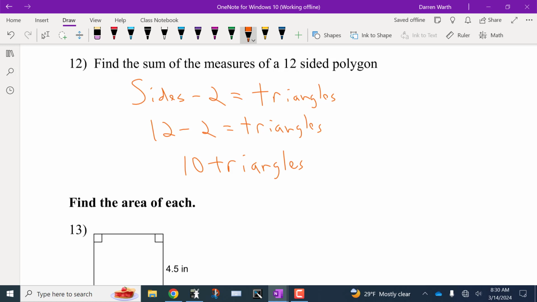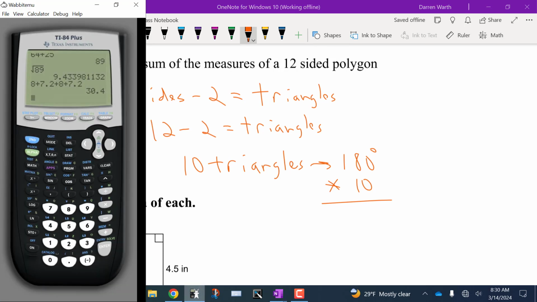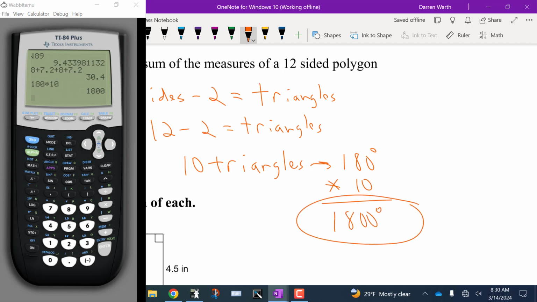So all I have to do is take 180 times 10, and that's going to give me the sum of the measures of the angles of a 12-sided polygon. So 180 times 10 comes out to be 1,800. That's going to be the sum of the measures of your 12-sided polygon.